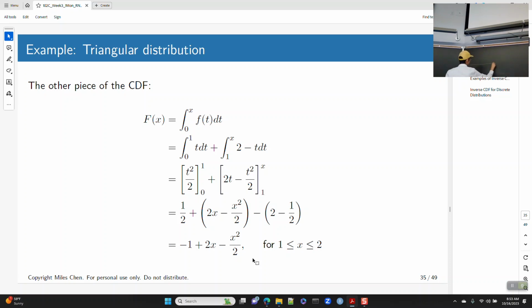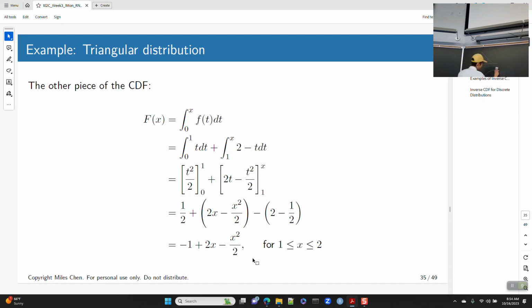So for the PDF, it goes like this. Our CDF goes like so: we have t squared over 2, so basically half of a parabola up to here, and then this one is like another parabola on this side, and you're taking this from here to here.